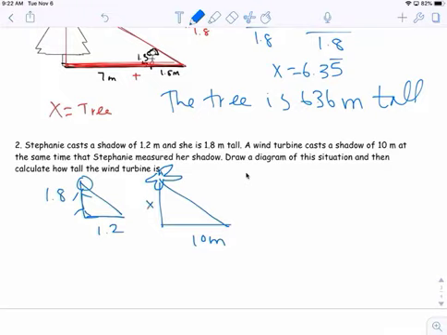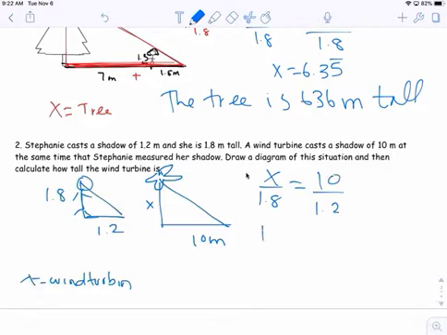X is the wind turbine. X over 1.8 equals 10 over 1.2. 1.2x equals 18, right? Yeah, right.